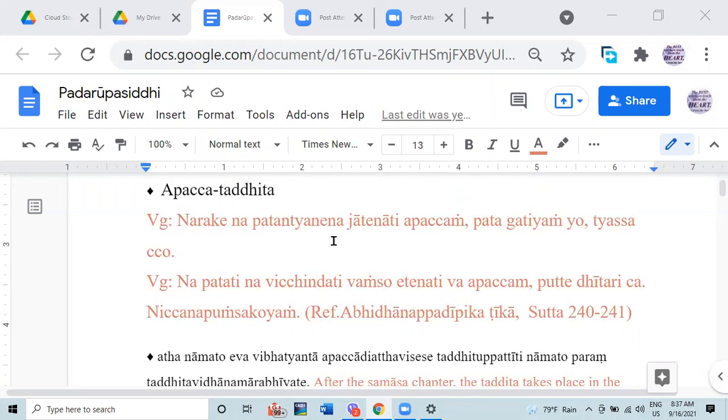So what case is the word narake, Sayadaw? Naraka is hair. You mean formation? No, I mean, what case ending? Sayadaw? It is locative case and singular.